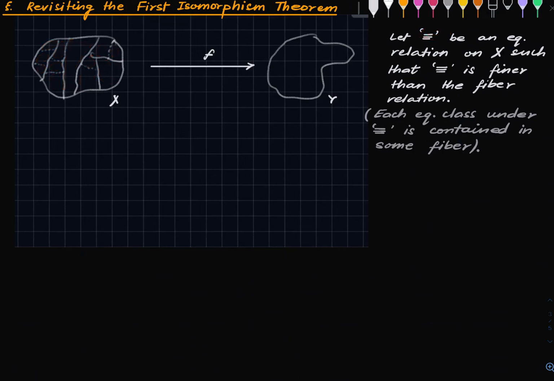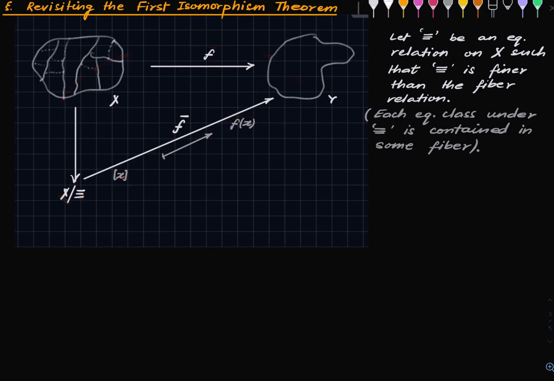So we saw that the map F factors through the set of all the equivalence classes to yield this map F bar, which takes an equivalence class to the image of any of its representatives. Okay, so you pick an element here, it's going to be an equivalence class. You choose a representative of it, meaning an element in the equivalence class, and send it to the image of F under that. This is well defined.